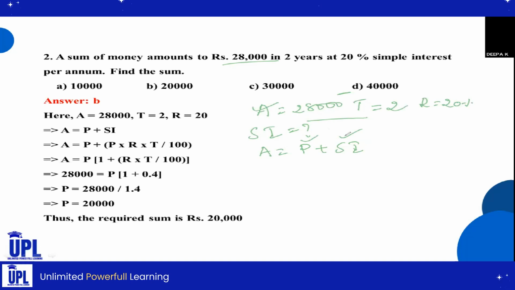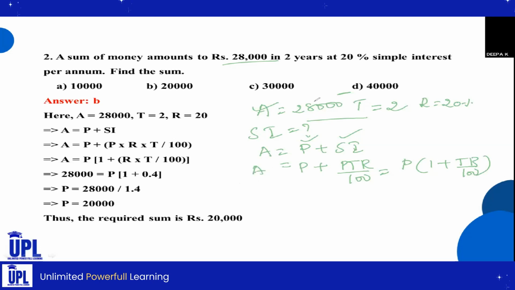For this formula, I am going to write SI is equal to PTR divided by 100, right? So it becomes P plus PTR divided by 100. Then I am going to take P common. So then it becomes P times 1 plus TR divided by 100. That is our A.